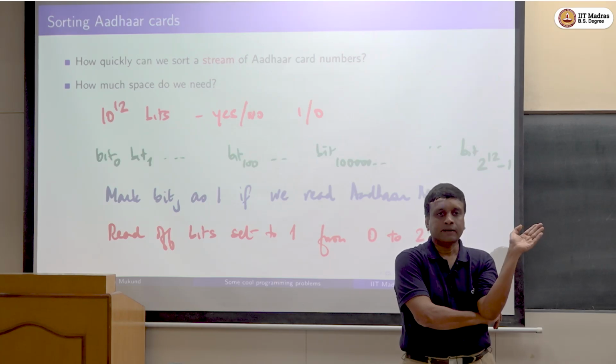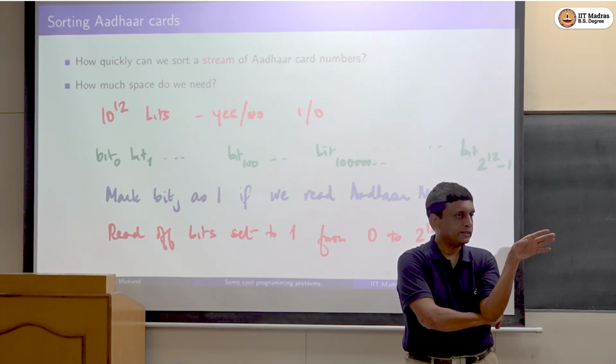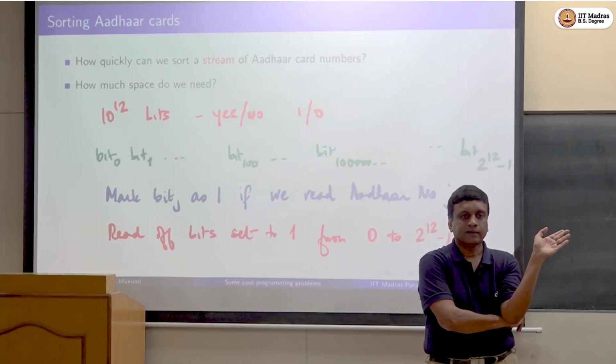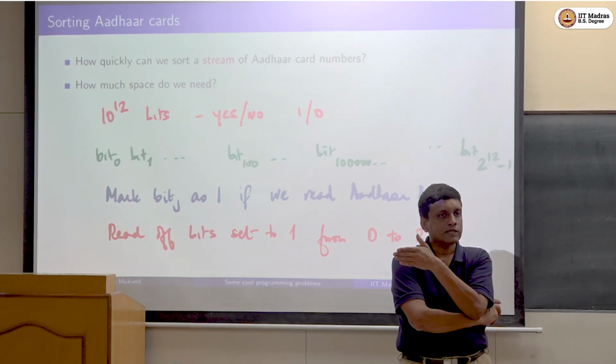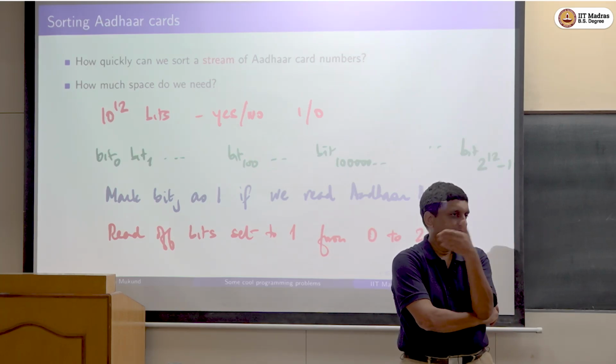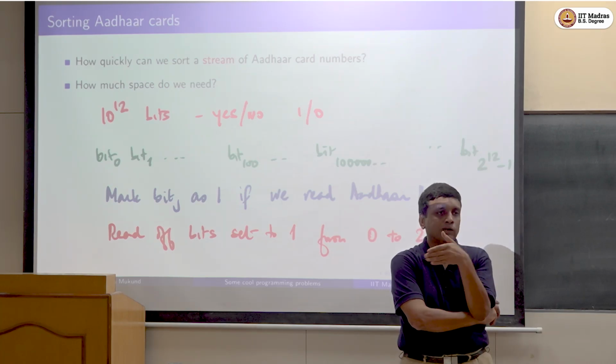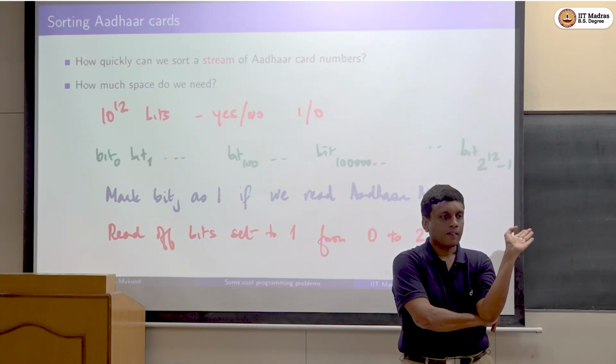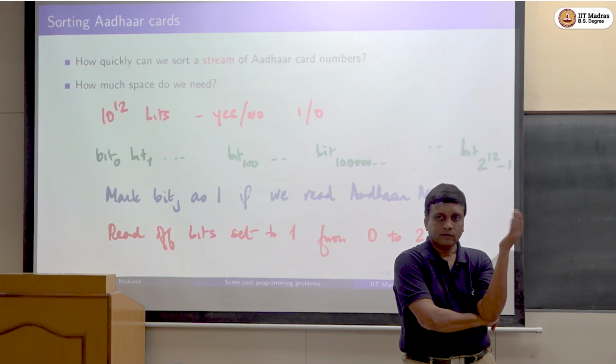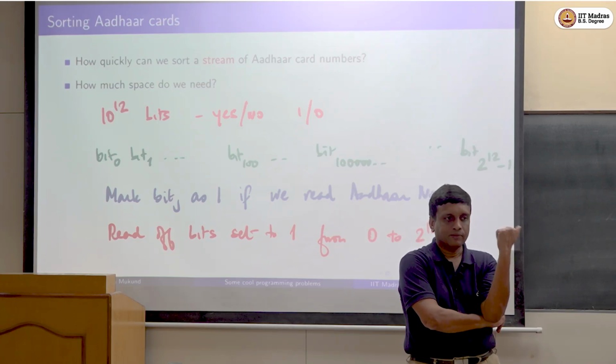So setting that bit to 1 is a constant operation for every j, but I have to do it for each, right? So I have to do 1 pass of all my Aadhaar numbers, which is n steps because there are n Aadhaar numbers. And then I have to do 1 more pass of this bit string, right, in order to extract all the ones from left to right and rewrite my Aadhaar list.